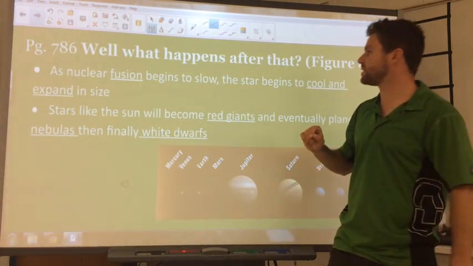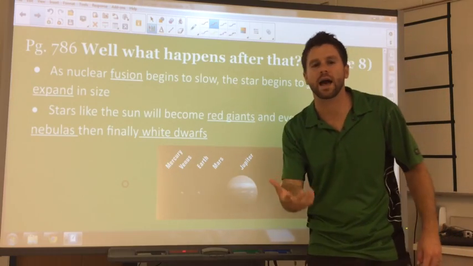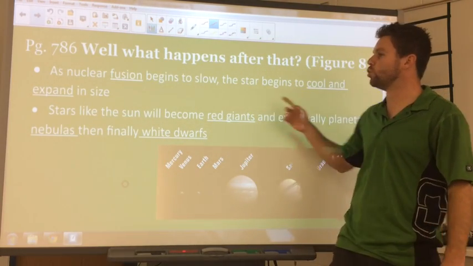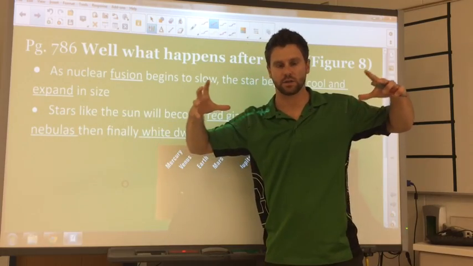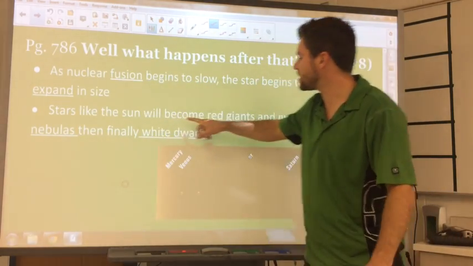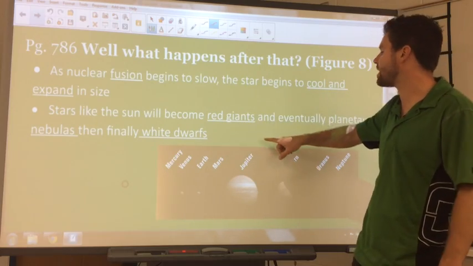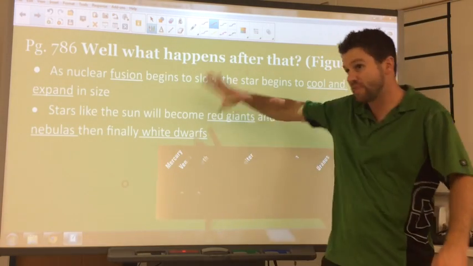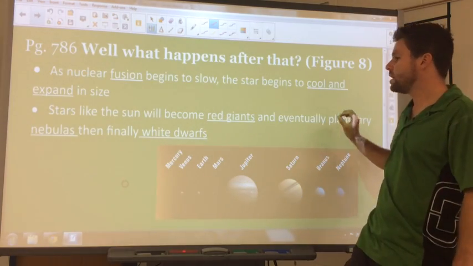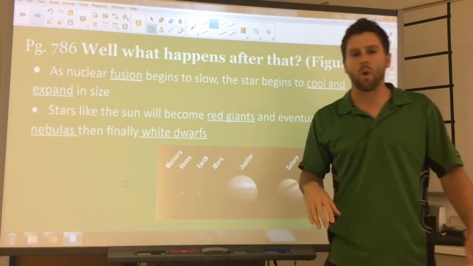As nuclear fusion begins to slow down, meaning we're running out of hydrogen, we're running out of helium, the star begins to cool and expand in size. So it's growing in size. Okay? Stars like the sun will eventually become red giants, and from red giants they will move into planetary nebulas and finally white dwarfs.